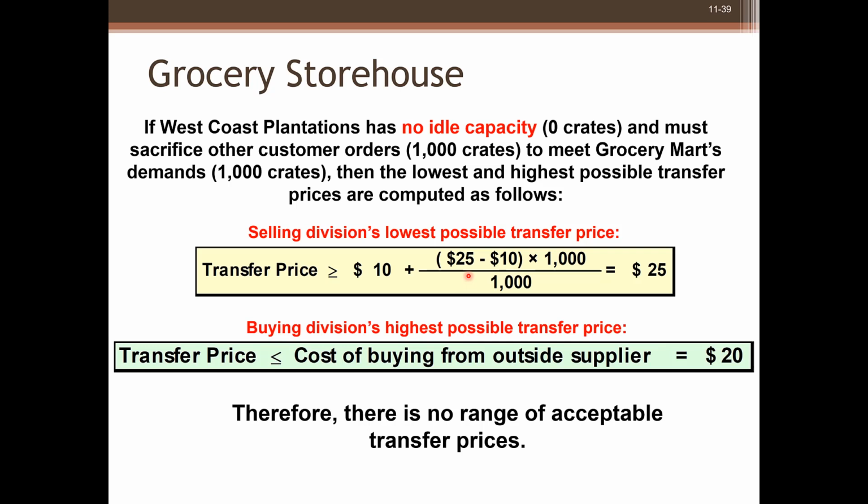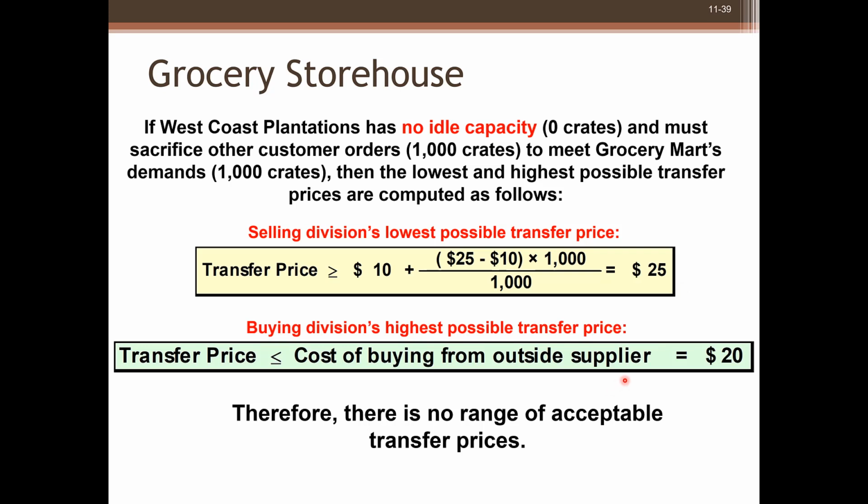The contribution margin per crate is $15. That's the difference between selling price per crate and variable cost per crate, $25 minus $10, so we get $15. Multiplied by 1,000 crates, divided by the number of transferred crates, 1,000. So we get $25. This is the lowest possible transfer price for the selling division.